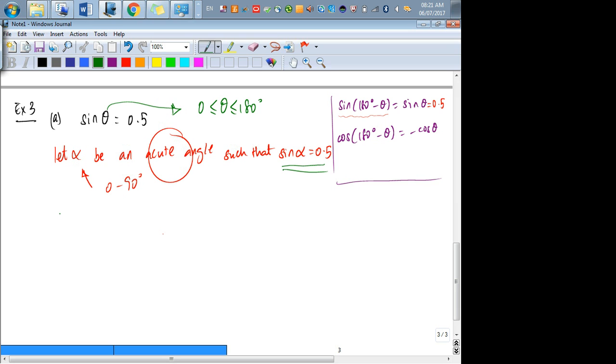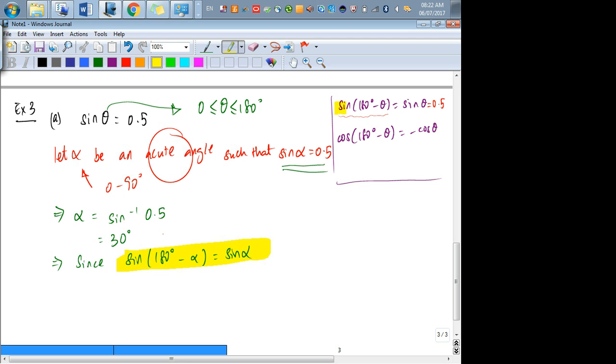So therefore alpha equals to sine inverse 0.5, and we get the answer as 30 degrees. So this 30 degrees is alpha. It is my acute angle. Okay? We got that from our calculator. So we continue. Since sine of 180 degrees minus alpha equals to sine alpha, this over here is our conclusion from our table earlier on.